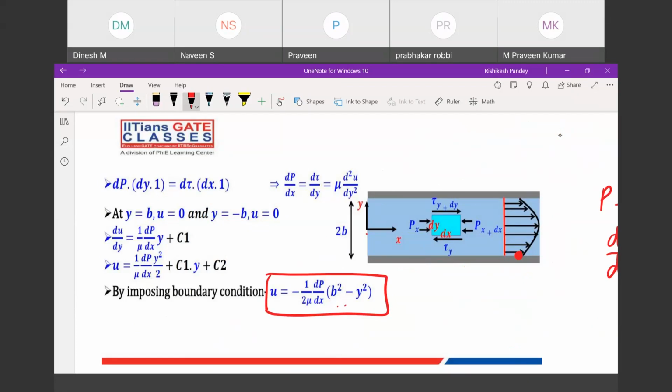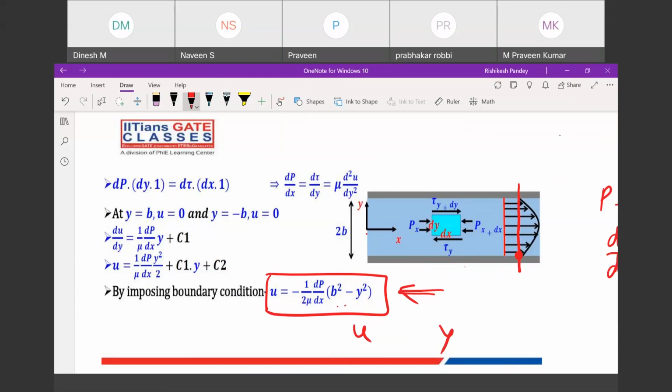Which curve does it represent? Variables are u and y. Like I'm asking parabola, hyperbola, ellipse, circle, straight line.